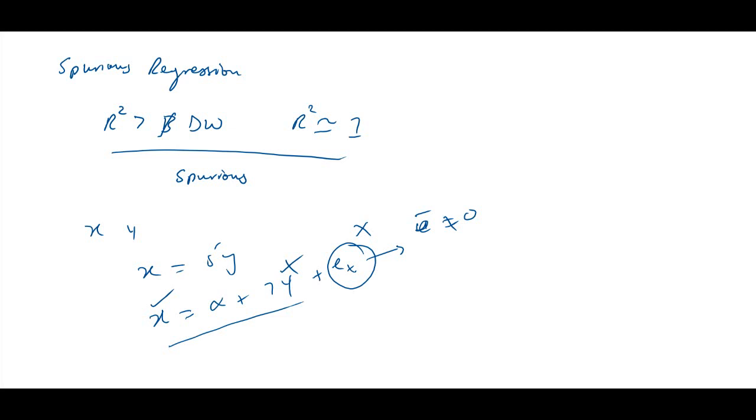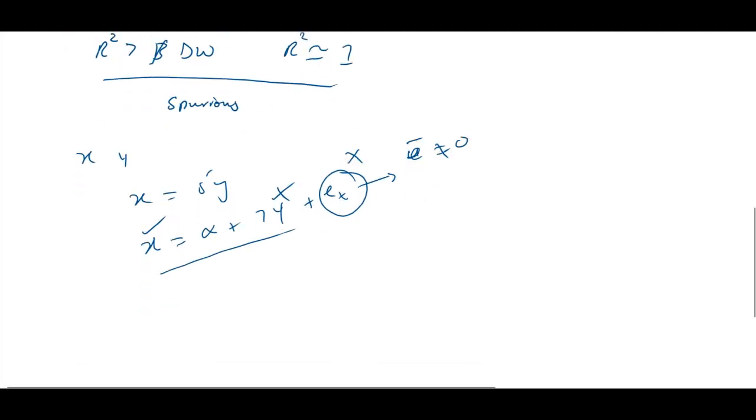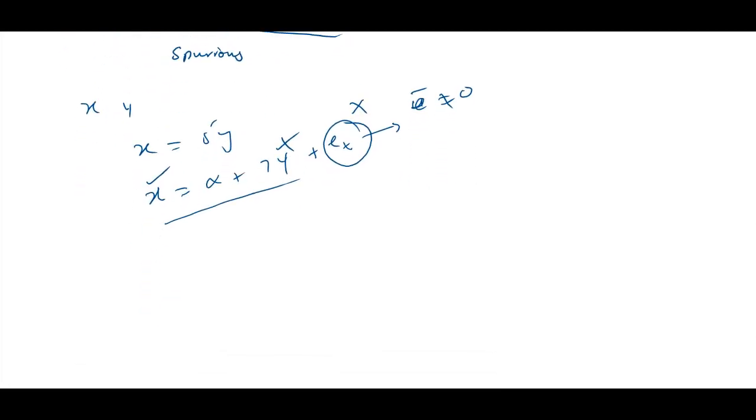So basically what happens is the regression equation is then not valid. It violates the basic assumption. The estimates will not be best linear unbiased anymore. This basically violates the assumption of our ordinary least squares.